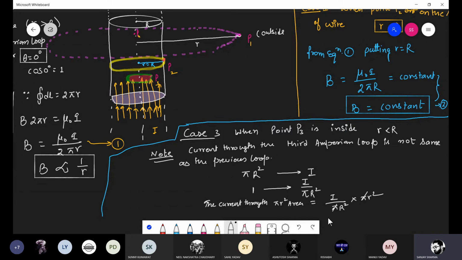So the new current, new and total current. ठीक है, it is equal to I r square upon capital R square.